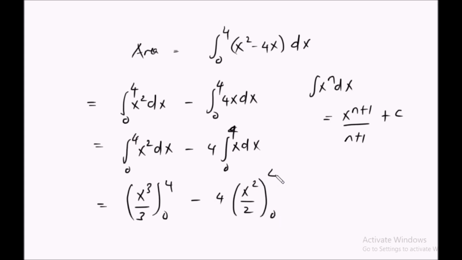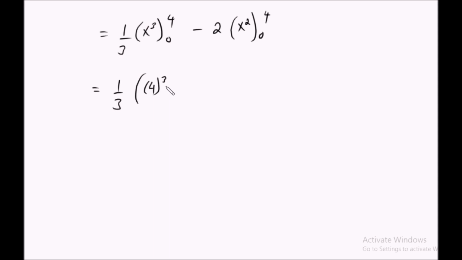The limits are 0 to 4. So the 4 remains, and we have 1/3 x cubed from 0 to 4, minus 2 x squared from 0 to 4. So we substitute our limits: 4 cubed minus 0 cubed, minus 2 times 4 squared minus 0 squared.